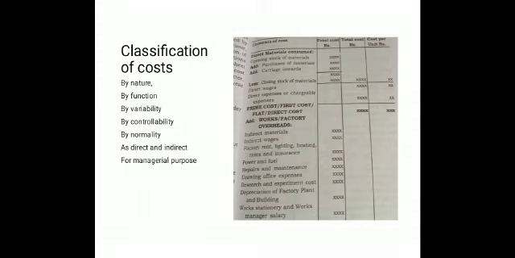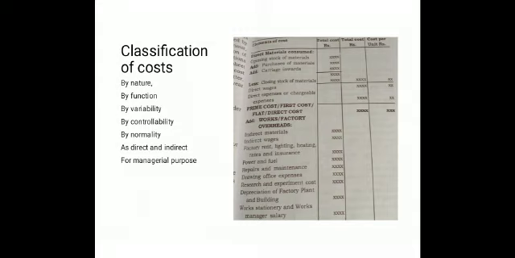Classification of cost. Classification of cost is very important for the purpose of preparation of the cost sheet, which is required to identify the profit and loss of the organization. That's why the classification of cost is so important. It is the process of grouping costs according to their common characteristics, because management wants different kinds of information for different purposes.